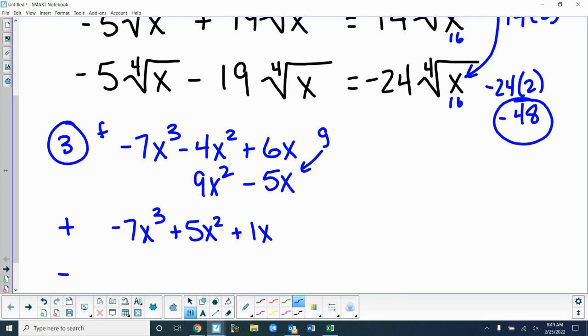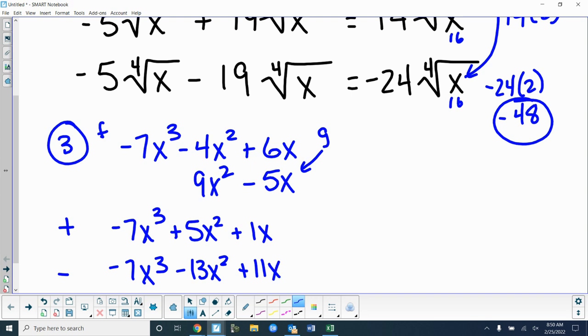The subtraction one, there's no other x cubed, so that stays negative 7x cubed. But now it's negative 4 minus 9. Excuse me, it's negative 13x squared. And then it's 6 minus a negative 5. What did we do yesterday when we had minus a negative? We added, right? Just like we've always done. So that becomes 11x. Okay?